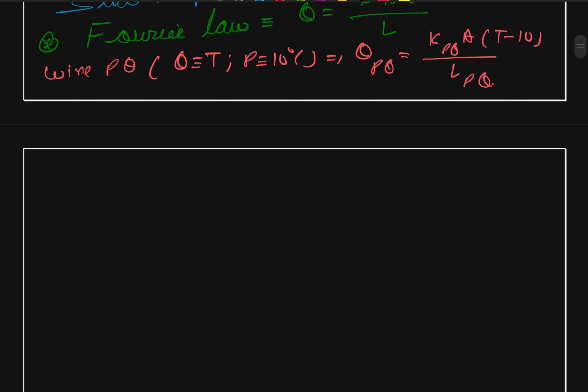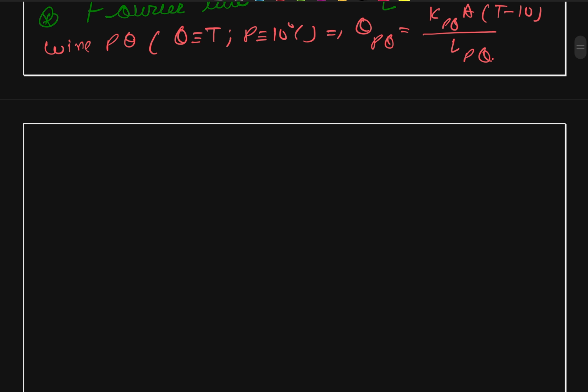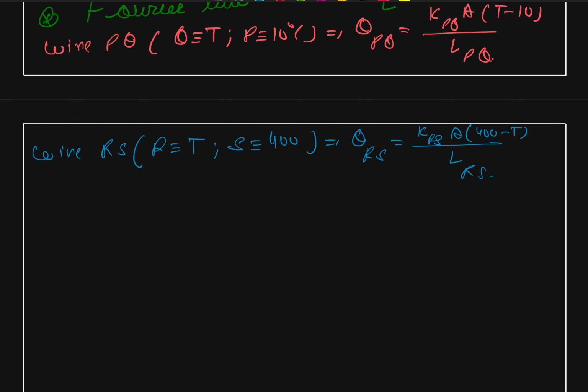Similarly, we can write for RS, where R is at temperature T and S is at a temperature of 400 degrees centigrade. So we can say Q of RS will be equal to K of RS times A times 400 minus T, upon the length of RS, and at steady state these should be equal.